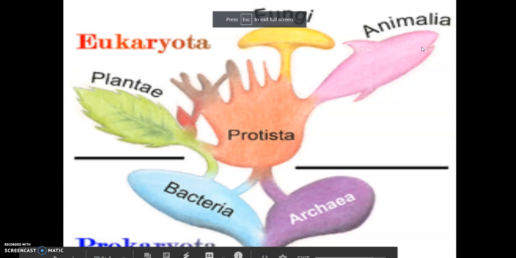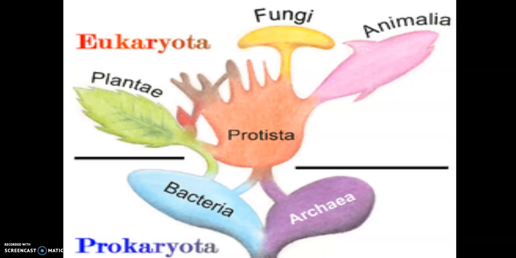Now, for the prokaryotes and eukaryotes, what you're looking at is basically the different kingdoms of life. This picture is representing the different kingdoms of life, and it's divided up into prokaryotes and eukaryotes.